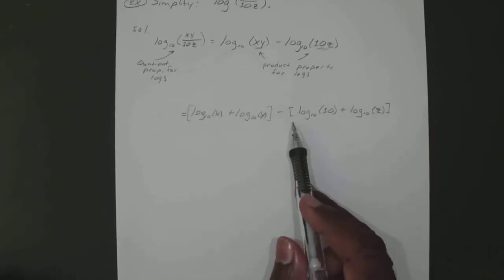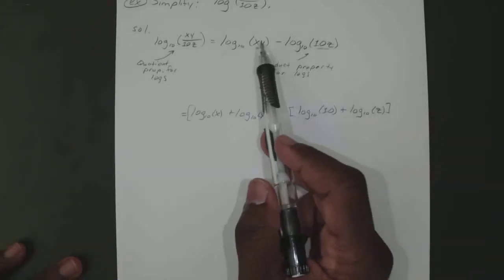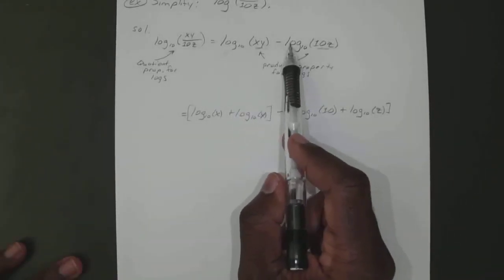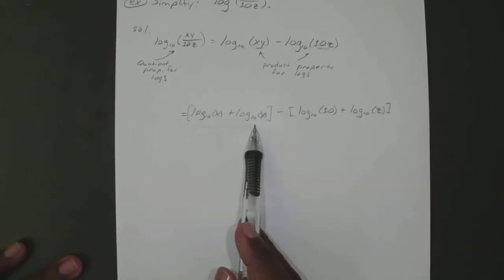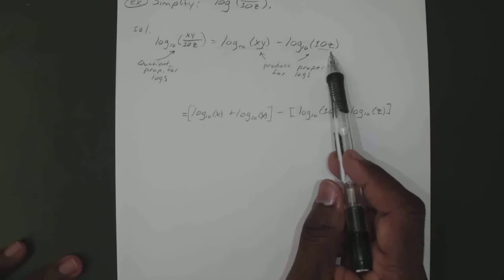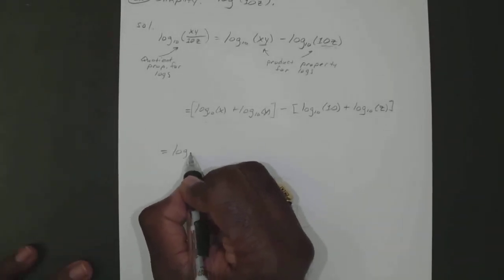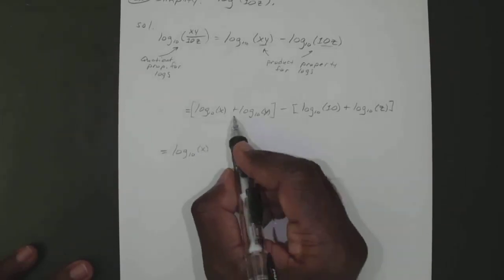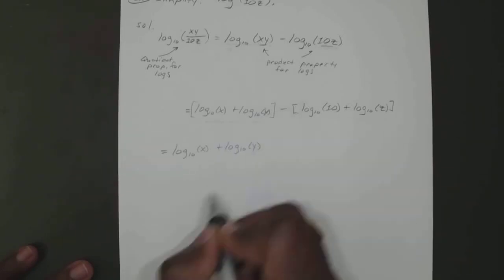Now you could have put parentheses if you wanted to, but there's a reason I put the brackets there. Because you had this term minus this term. So we converted this one term to these two, and this one term here was converted to these two, but it's still subtracting. So this is going to equal log base 10 of x plus log base 10 of y.